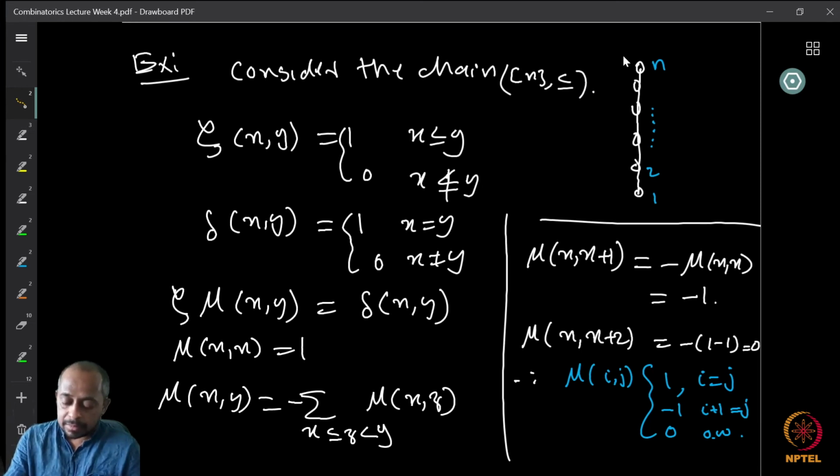So this is our poset, the chain, represented like this. We already know that zeta of x comma y is equal to 1 if x is less than or equal to y and 0 otherwise, and delta of xy is equal to 1 if x equals y and otherwise 0.